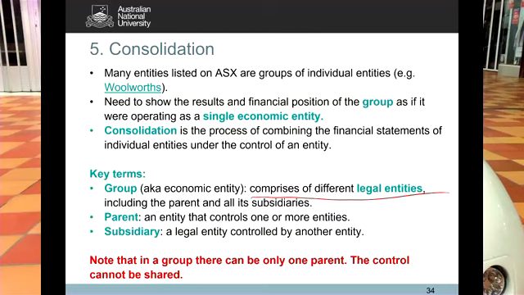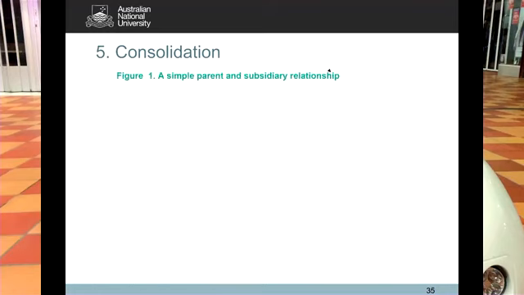In one group, there could be only one parent. The parent would be the entity that controls one or more other entities. And a subsidiary would be the legal entity controlled by another entity. In one group, there can be only one parent, because control can't be shared. Control is control. It can't be shared, okay?